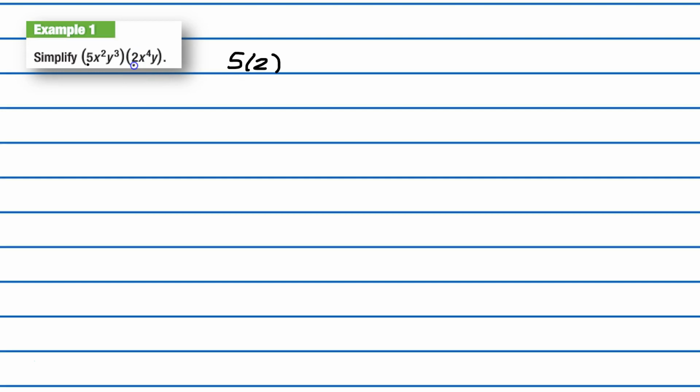Then we have x squared times x to the 4th, because those are the same. Notice how I'm combining them. Then I have y cubed times y, which is just to the 1st power, just in case you need to remember. As you can see here, it's not in its simplest form. We have to finish this up.